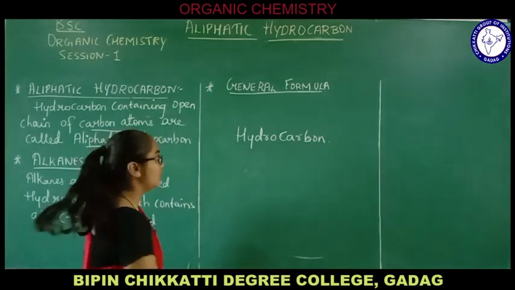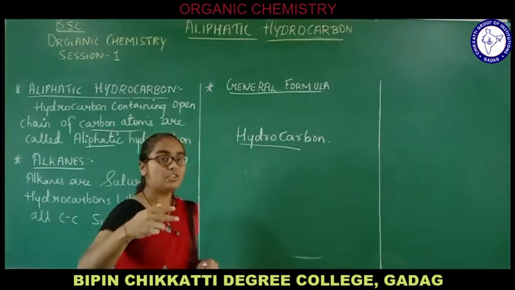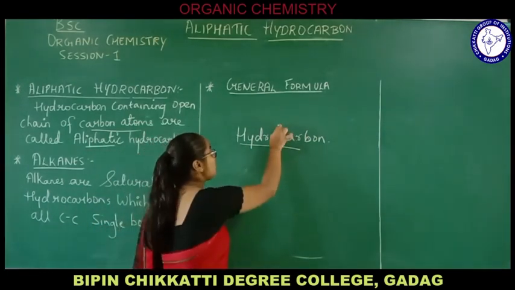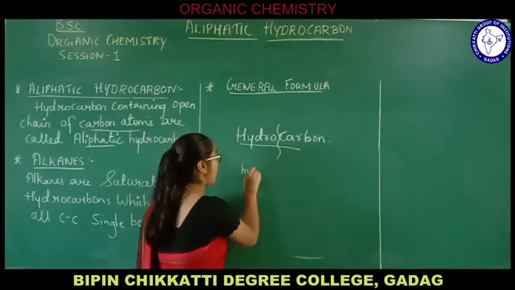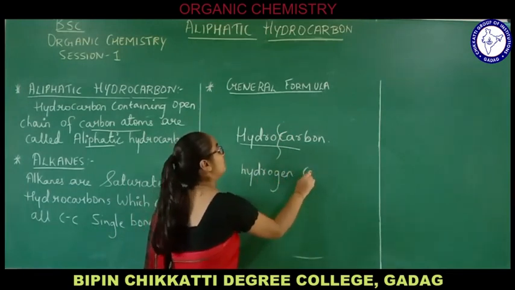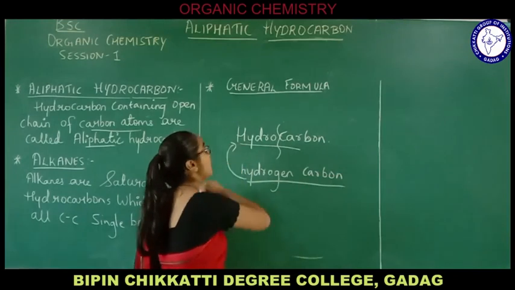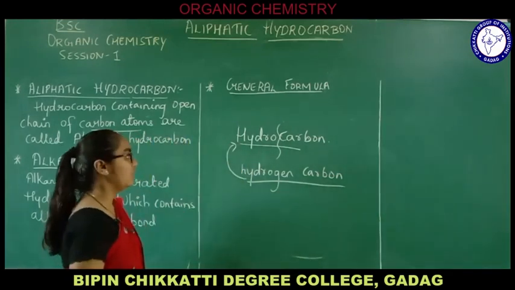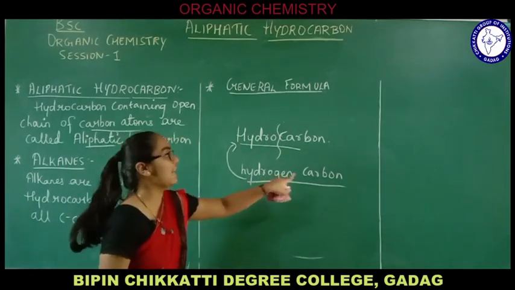It is a compound wherein two elements are present. It can be split into two words, hydrogen and carbon. So these are the two important elements present inside a hydrocarbon. So that is the meaning of the word hydrocarbon, consisting of hydrogen and carbon.